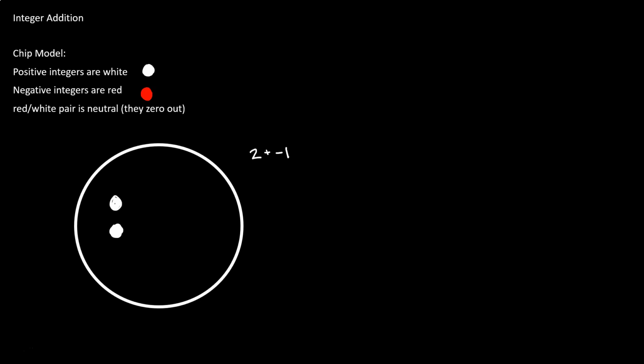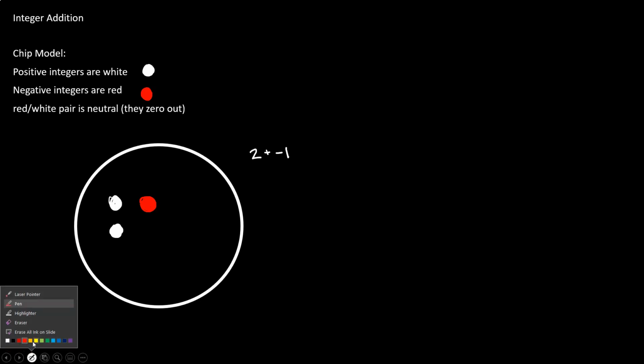I could use any representation of 2 that I want, but there's no need to add extra chips here, so I'm not going to bother. And I'm also adding 1 negative chip. So I've got my negative 1 here in red. So for the chip model, you represent each number with the appropriate color, if it's positive or negative, and then you go back and check for any neutral pairs.